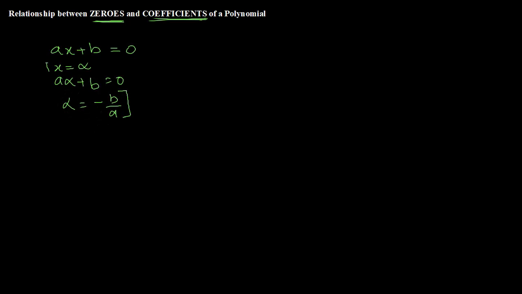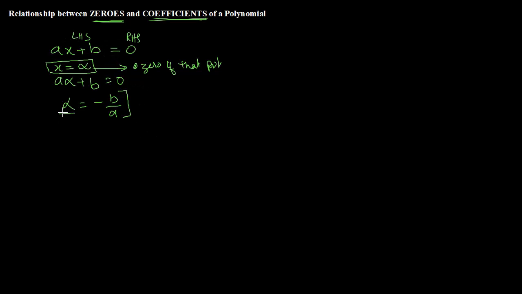When I say x equals alpha, that is the zero of that polynomial. If I substitute a number for alpha here, the LHS is going to equal the RHS, or otherwise, if I don't consider equals 0, that polynomial is going to give me 0.